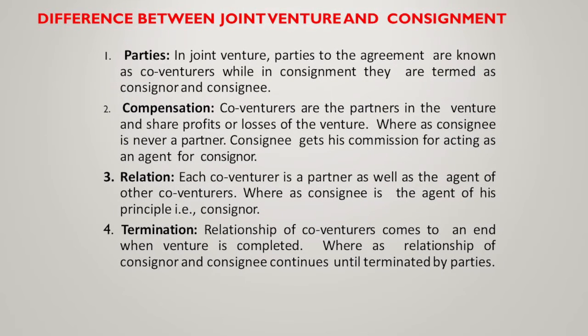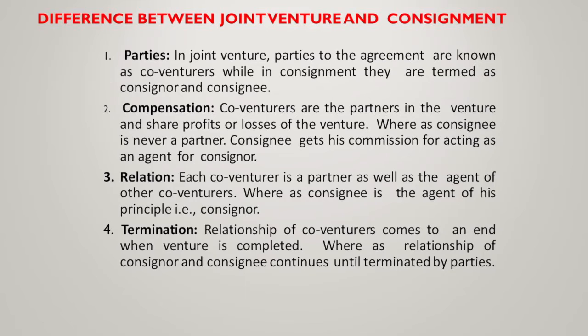Parties in joint venture are called co-venturers, and in consignment they are called consignor and consignee. Compensation: co-venturers receive profit or loss as compensation for the joint venture, while the consignee is never a partner in that, so he will receive compensation as commission for acting as an agent.